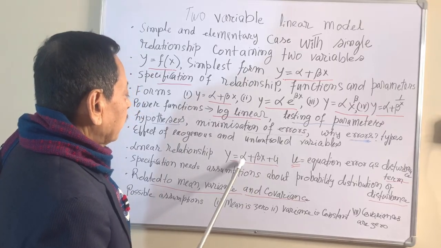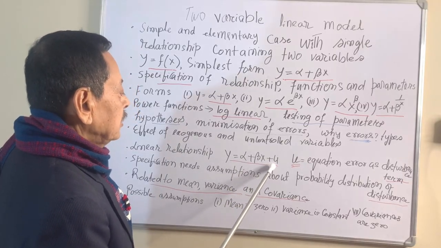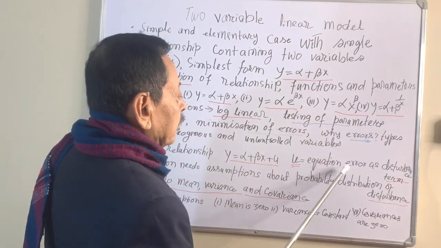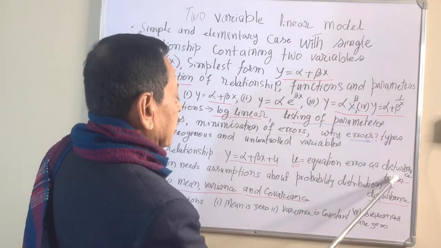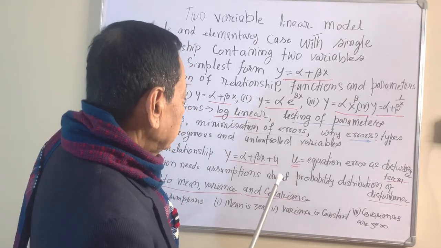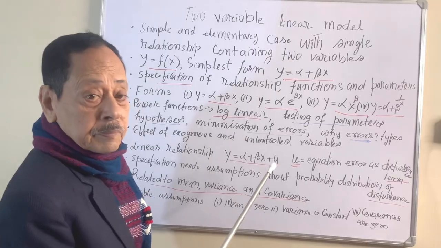So y is equal to alpha plus beta x plus u. So u is the equation error or disturbance term. So our aim will be to minimize the u, minimize the error.